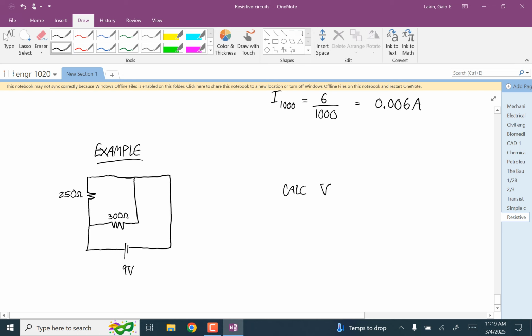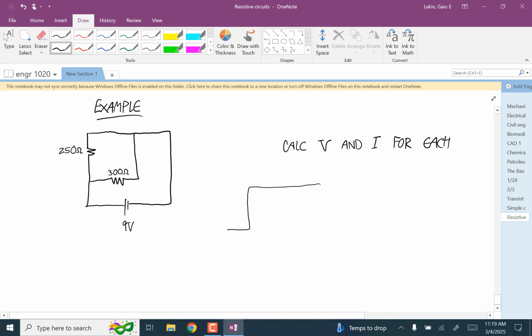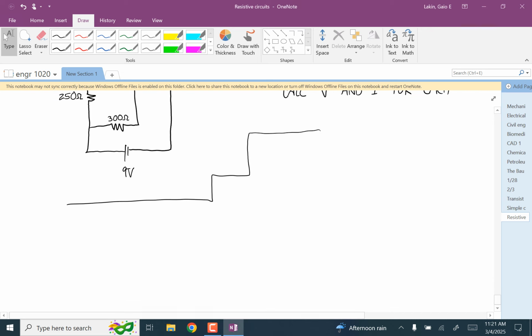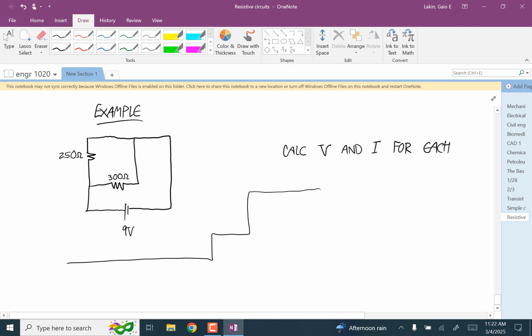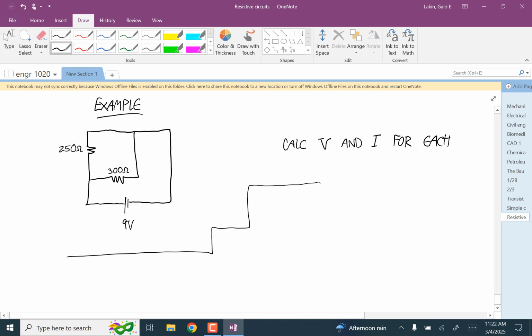And you want to calculate the voltage and current for each of these resistors. So we know that the voltages are the same for both of these. We know that current is going to go from the positive terminal of the battery towards the negative. This electricity is going to get to this junction and go this way and this way.